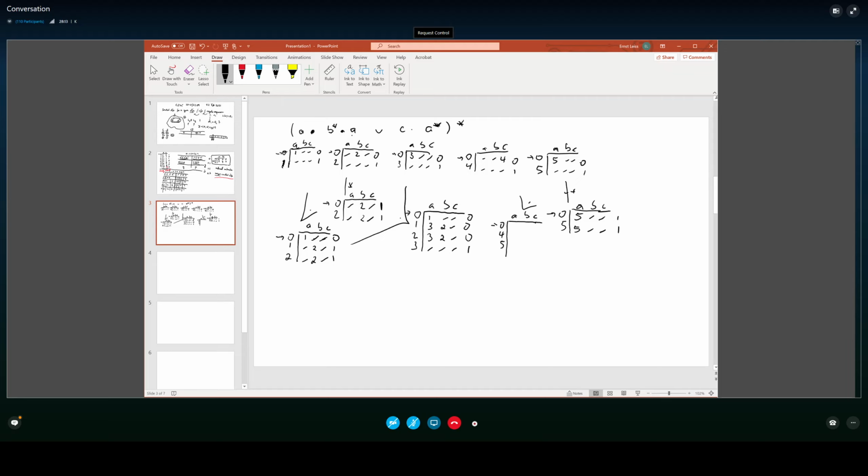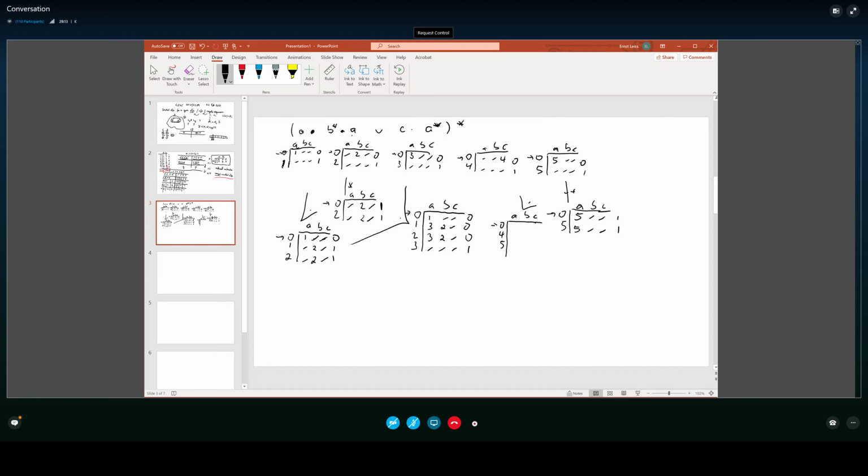And with that, the last step then is the star, this star here. And so we have the same set of states, 0, 1, 2, 3, 4, 5, and A, B, C. Final states are all the old final states plus the initial state.